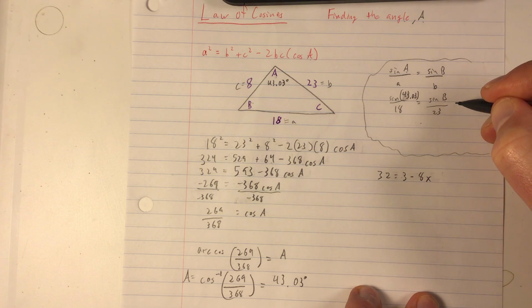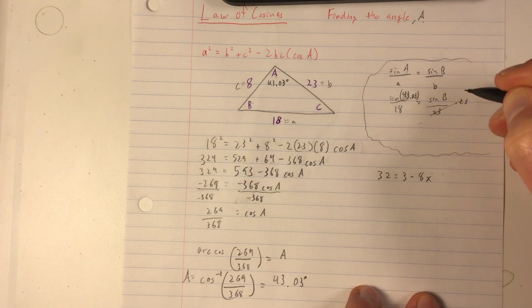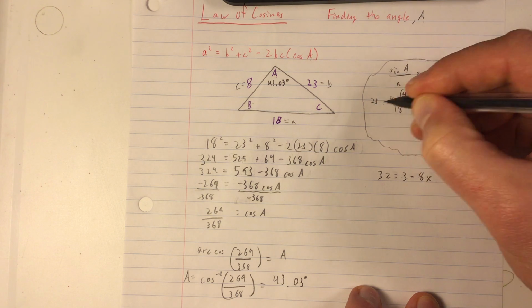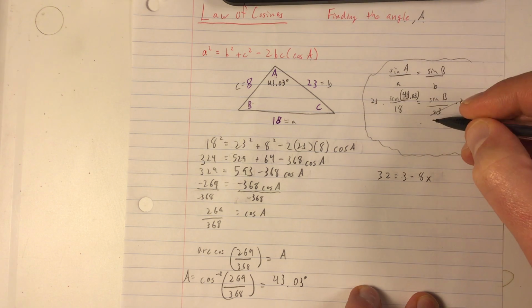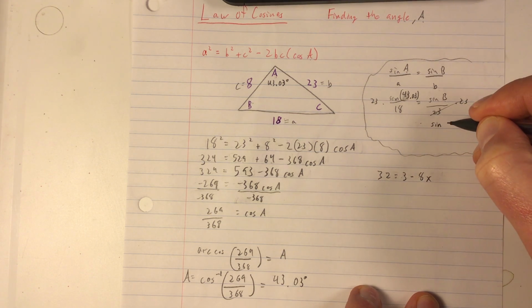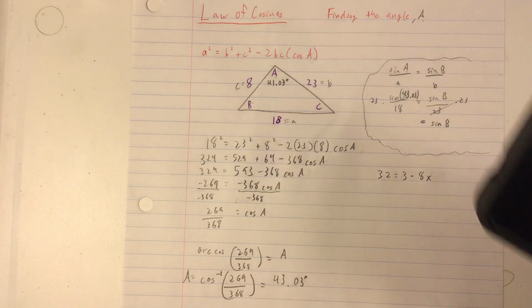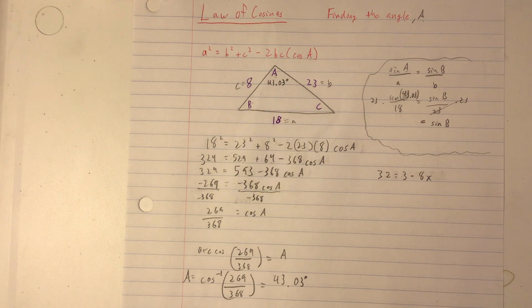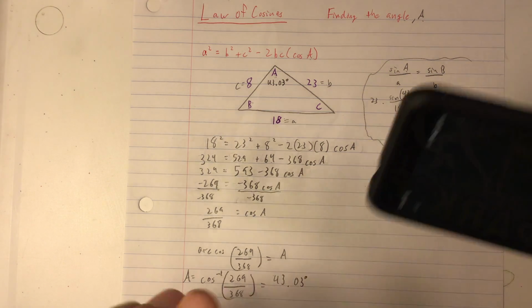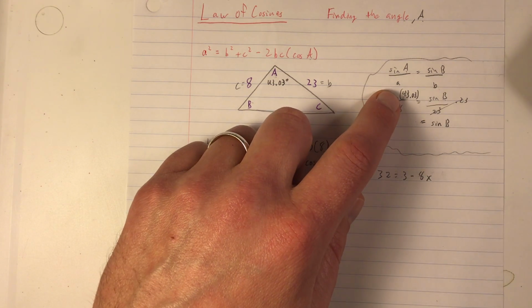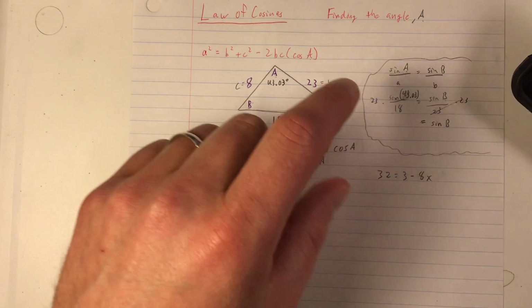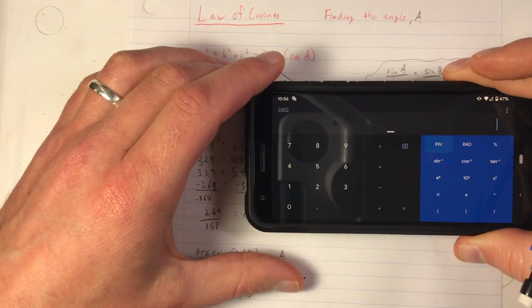I'm just going to multiply both sides by 23 to get rid of this in the bottom. So the sine of angle B is now equal to 23 times the sine of 43.03 over 18. I'm using the law of sines now.